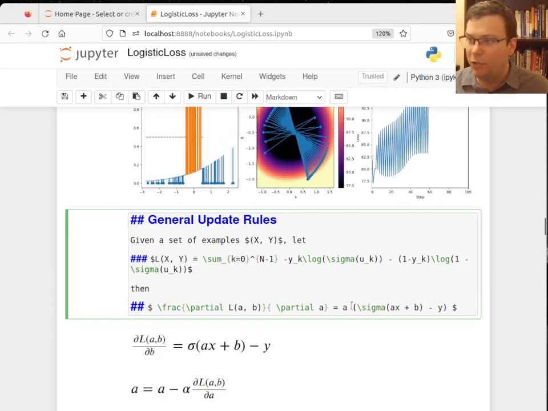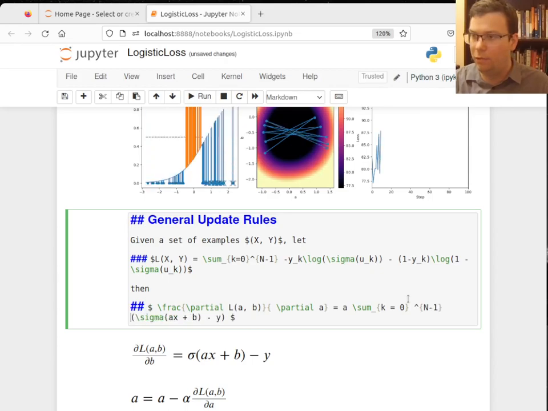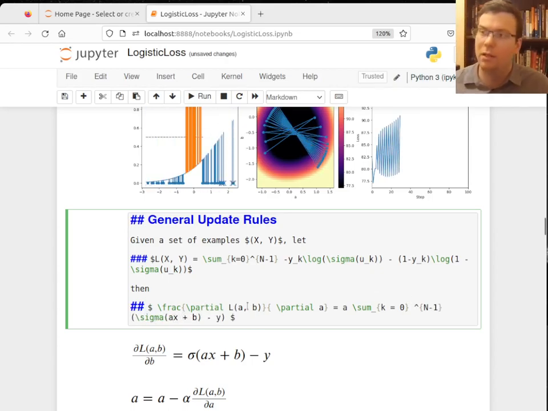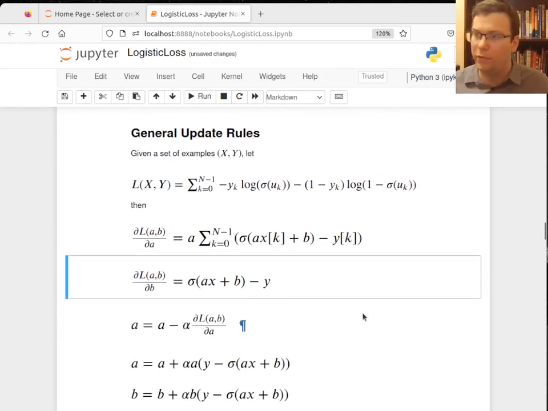But I'm just going to sum up all of the examples. So I'll say from k equals 0 to n minus 1 of sigma. So now this is going to be a times x_k plus b minus y_k. And so on and so forth. I'll update these details and have them in your notes.